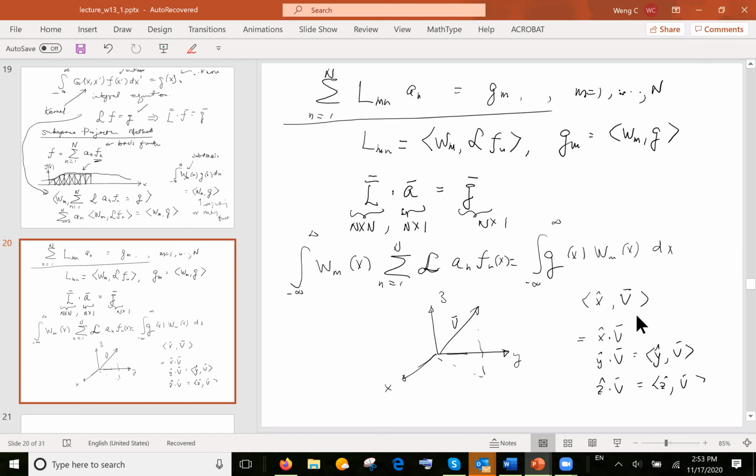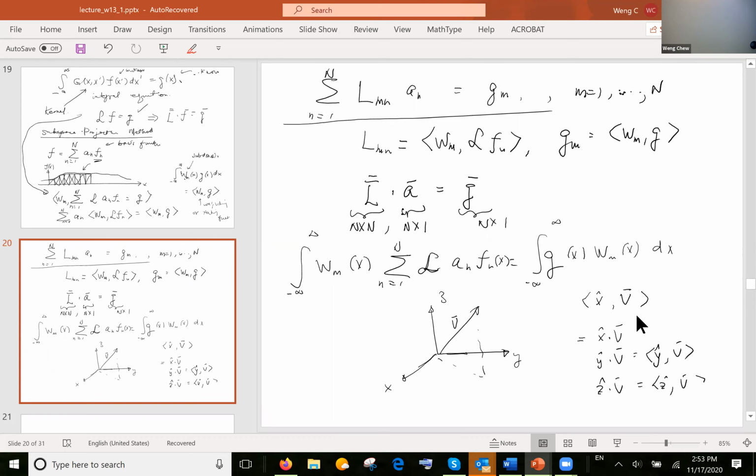Yeah, because I was looking at this, it's kind of a projection. We take projection, meaning that Wm is kind of a basis in Hilbert space. Right, right. You are projecting onto those vectors and forcing them to be equal to each other. And those vectors that you project to had better be independent of each other.